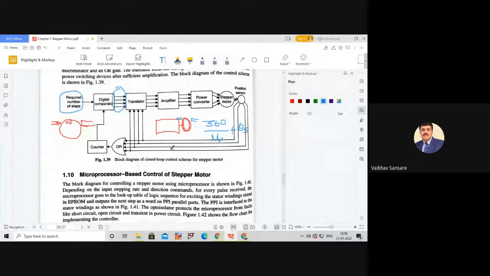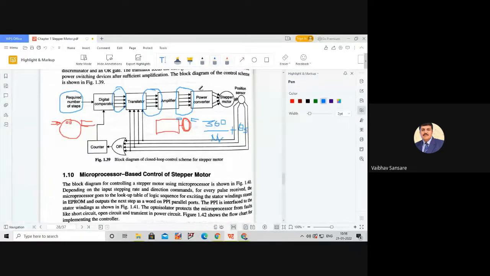Okay. Now the translator feeds the gate driver circuit of the power converter switching devices through amplifiers. Whatever logic sequence is generated at the translator output is amplified using an amplifier, and these pulses are given to the gate driver circuit of the power converter switches.